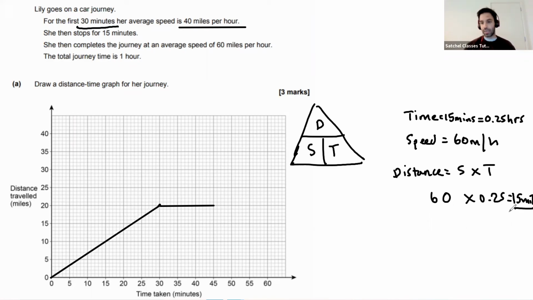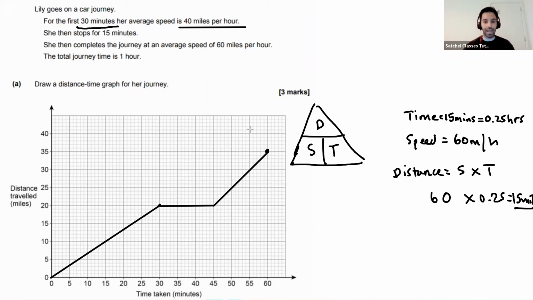So she travels 15 miles in the next 15 minutes. So that's going to be 5, 10, 15 miles. And then we just need to draw a line over here. And that's our distance time graph complete.